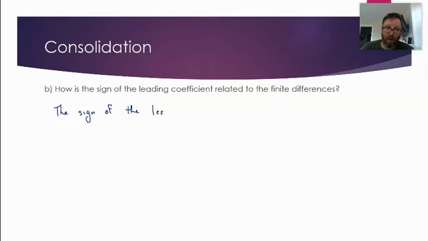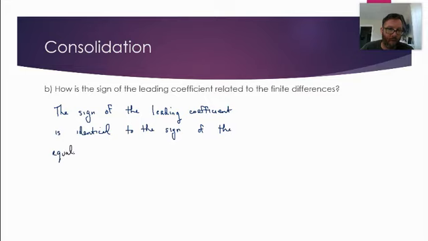The sign of the leading coefficient is identical to the sign of the, I'll just say, equal finite differences. I suppose that might have been easier to type in and just have it float in there afterwards.